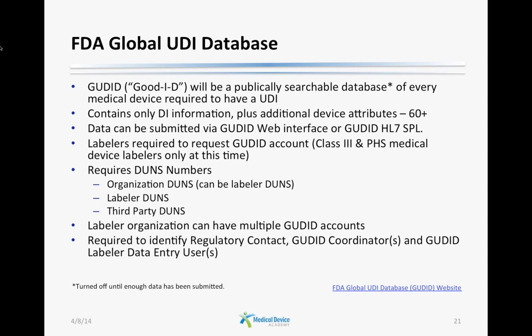A labeler organization may have more than one GUDID account. A DUNS number identifies each of these accounts. There are 3 levels: an organization, which may also be a labeler, and a third party, which is an entity authorized to submit GUDID information on behalf of labelers.